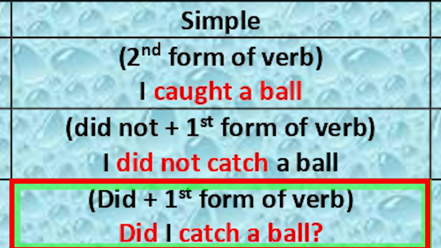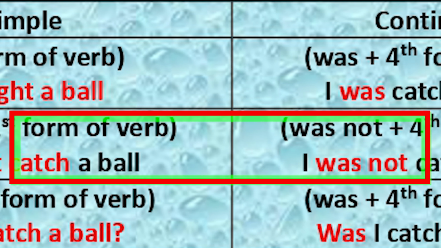And if we are talking about interrogative sentence, we will start the sentence with did, then I catch a ball. Here we will also use the first form. We are only using second form of verb in affirmative sentences when we are talking about past indefinite tense. And when we are talking about negative and interrogative sentences, we will use the first form of verb.